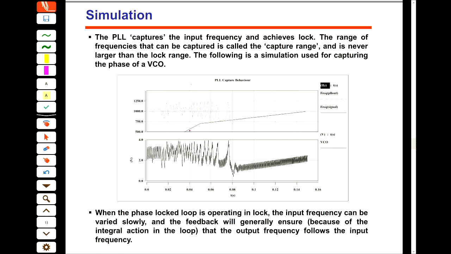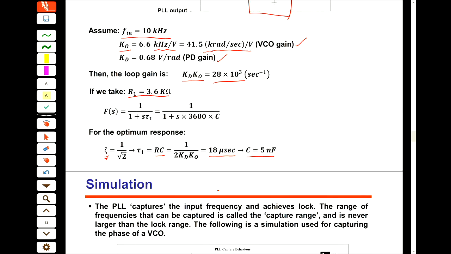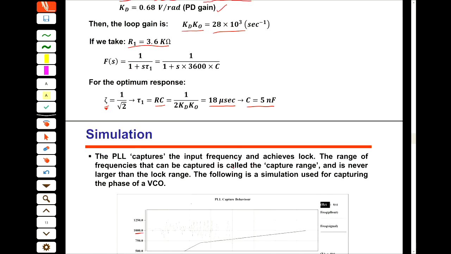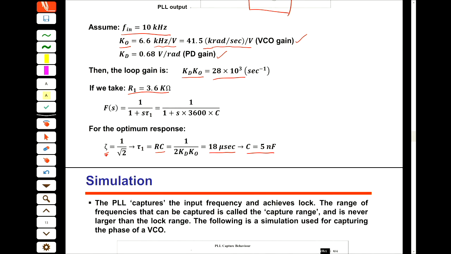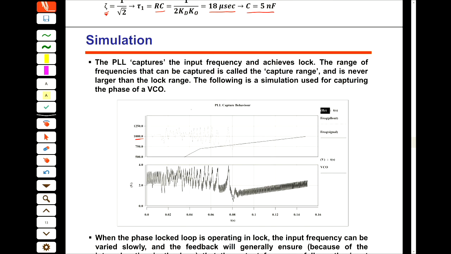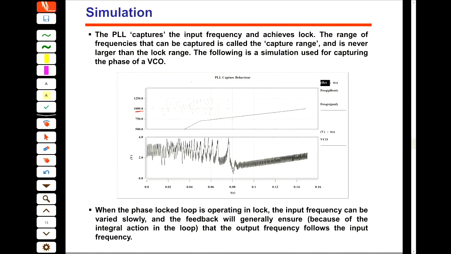You can see that the input frequency, when it is very low, for this case, you saw that the frequency that we had is 10 kilohertz. I mean, if it is 10 kilohertz, then it gets locked. I don't know, maybe this one was 1 kilohertz. I mean, when we are approaching 1 kilohertz, then we should expect that we are getting locked.